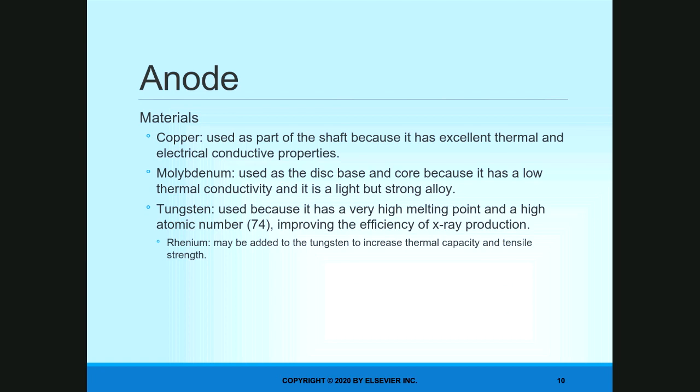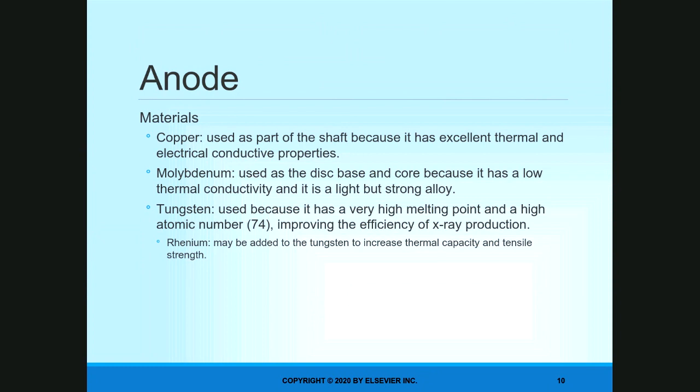Okay, so molybdenum is our base and our core. Molybdenum is number 42. Copper is number 29. Let me double check before I tell you wrong information. Copper is number 29, correct.